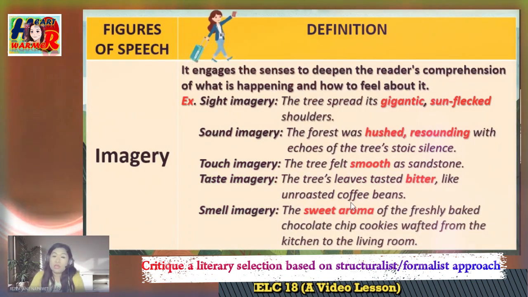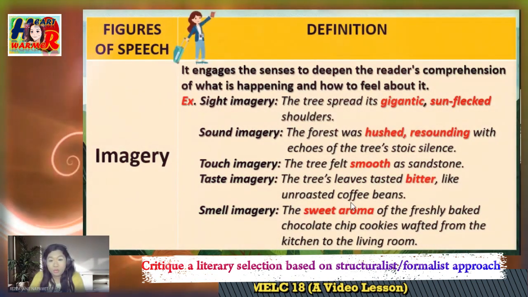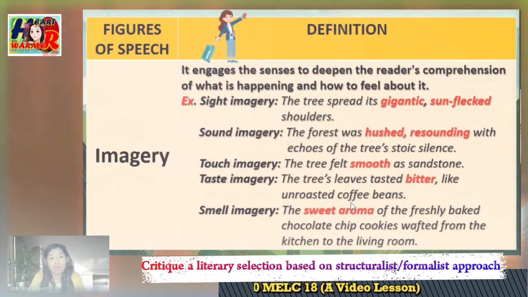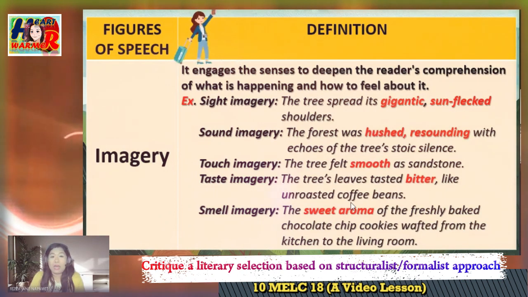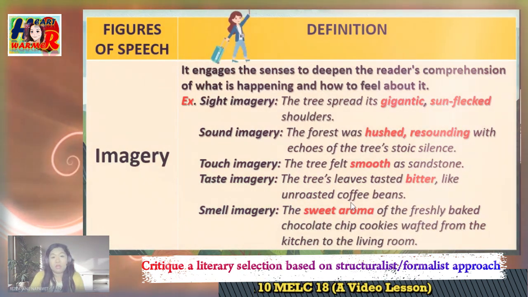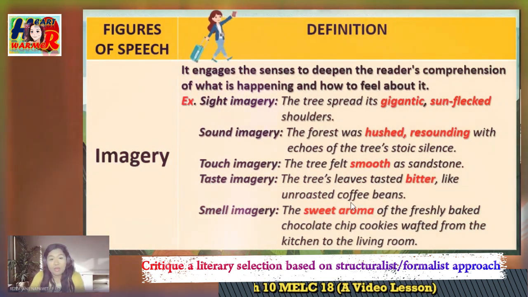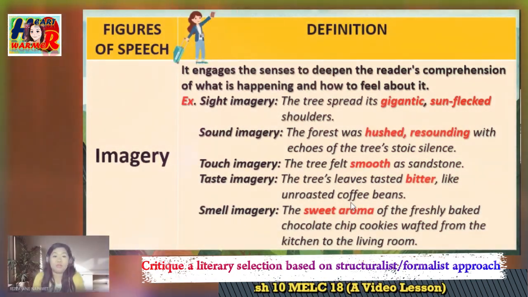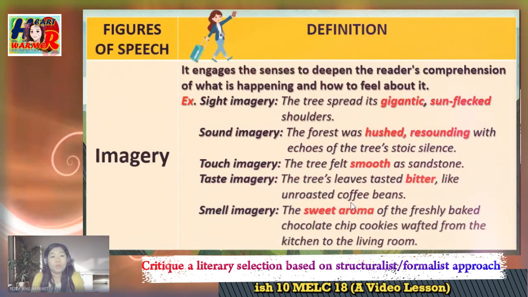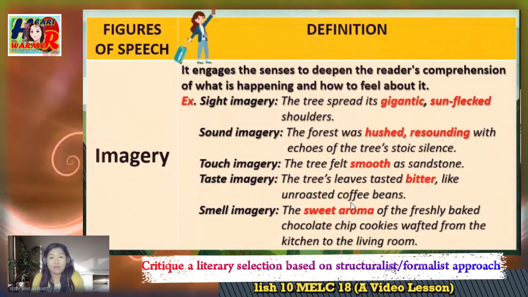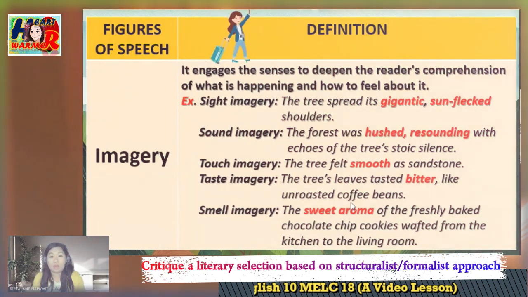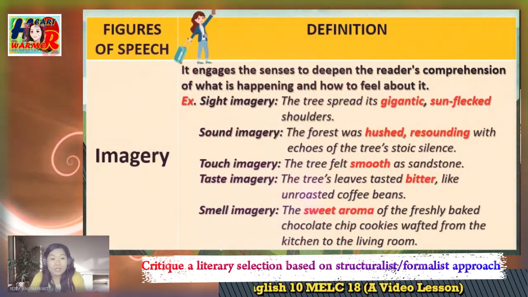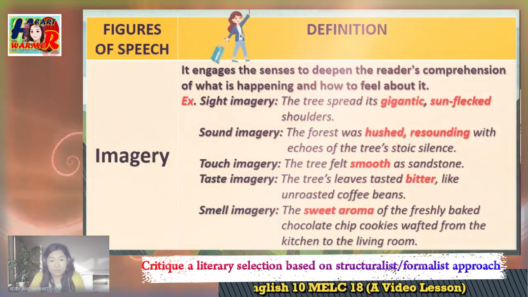So then this word smooth and the idea of sandstone as being smooth gives us a mental picture about this tree and how we could use the sense of touch in order to have a clearer detail about what we would like to imagine. Let's continue with taste imagery.